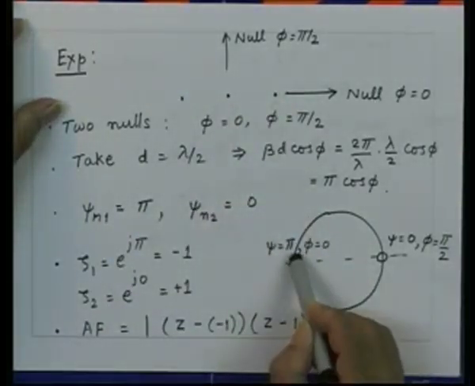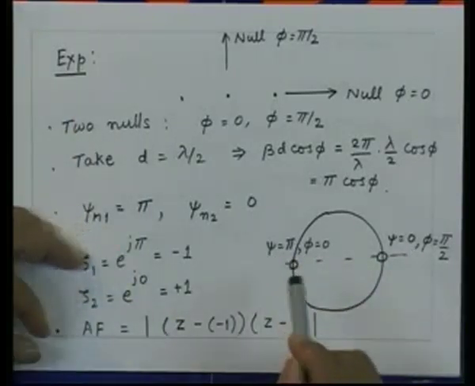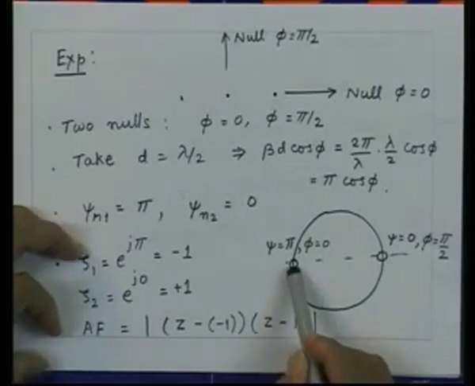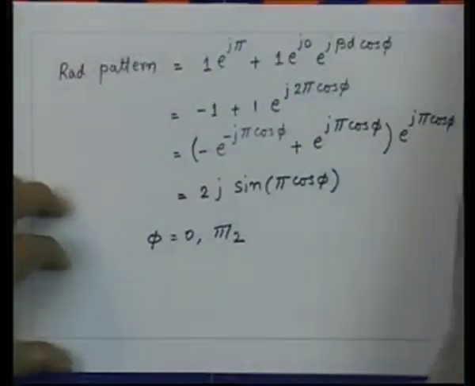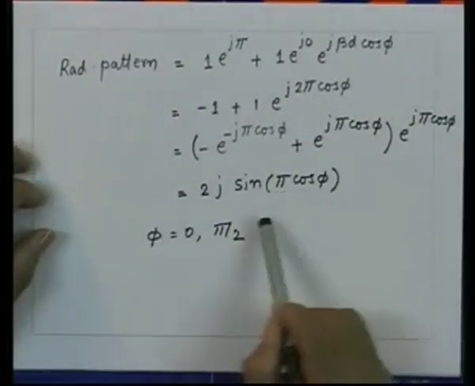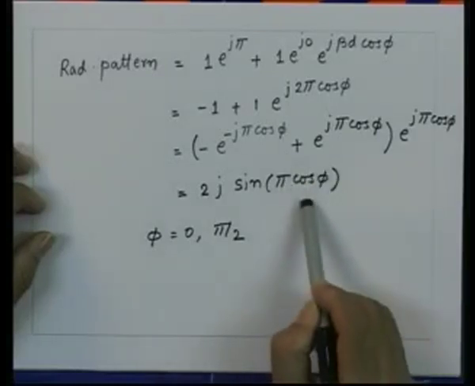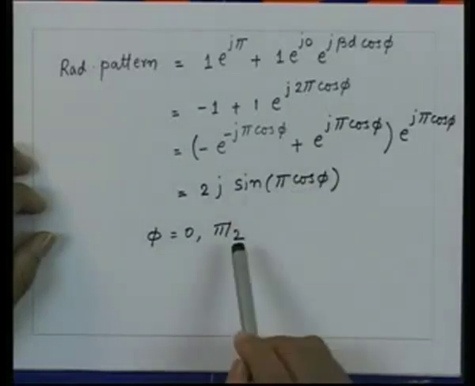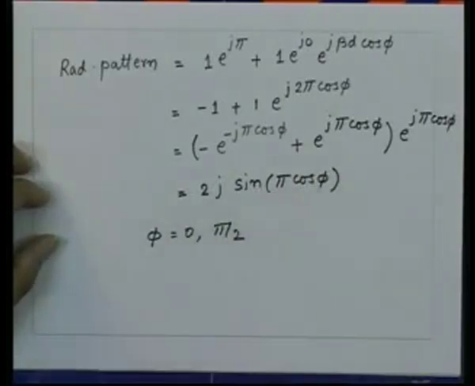So, that means as soon as we put a null here corresponding to psi equal to pi, automatically a null has been placed in the direction phi equal to pi, and which we can see from here that when we put phi equal to pi, this quantity will become minus 1. So, again you will get sine of minus pi, that will be 0. So, you will have a null in the direction of phi equal to pi also.